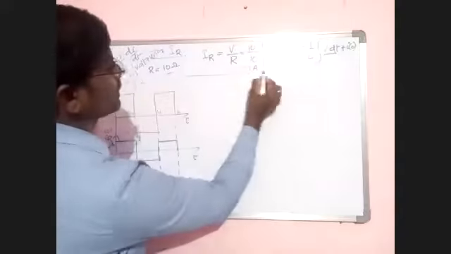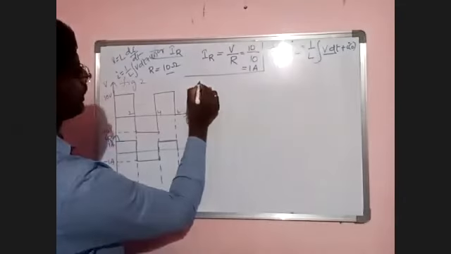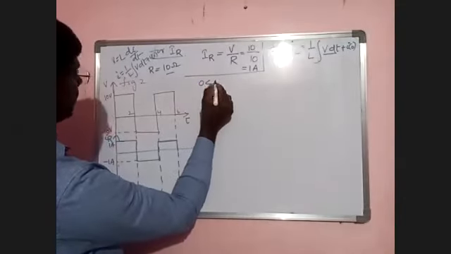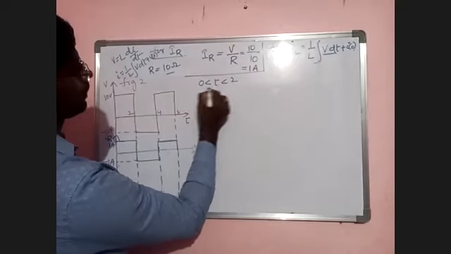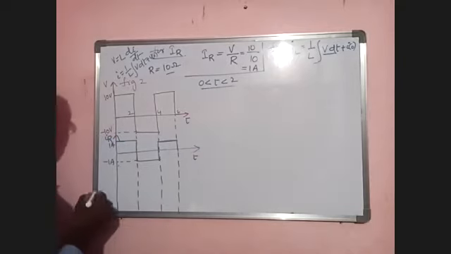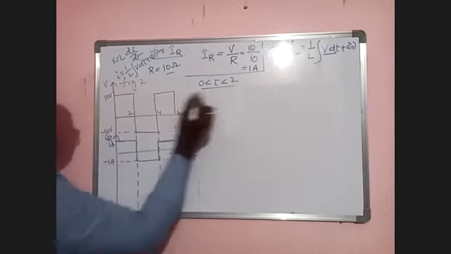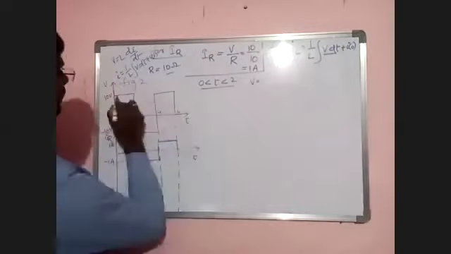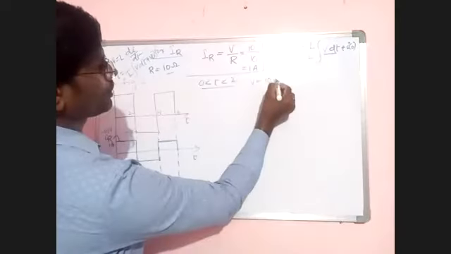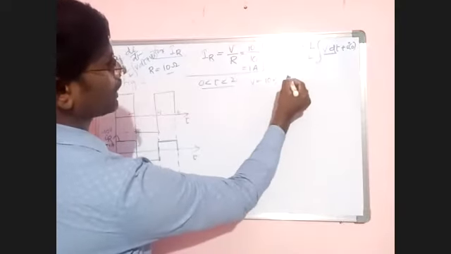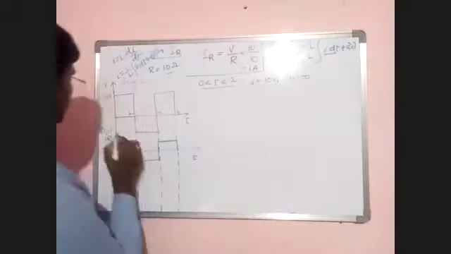So let us consider the interval 0 less than t less than 2. V is equal to 10 volts, and I naught is equal to 0, the initial value.